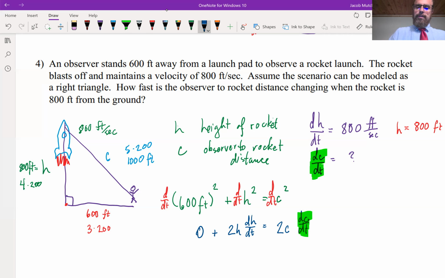So we'll start to substitute. I'll let that 0 fade away. 2 times the height. The height that we saw specifically here was going to be 800 feet. And dH/dt we know is also 800 feet per second.